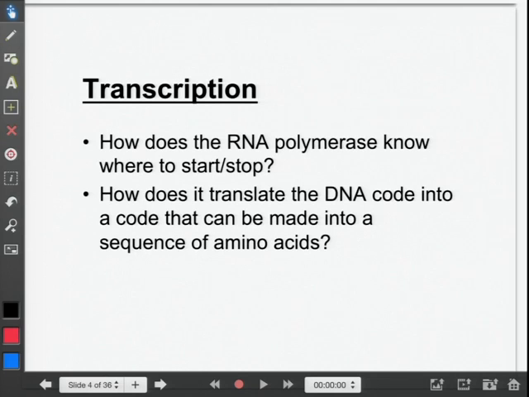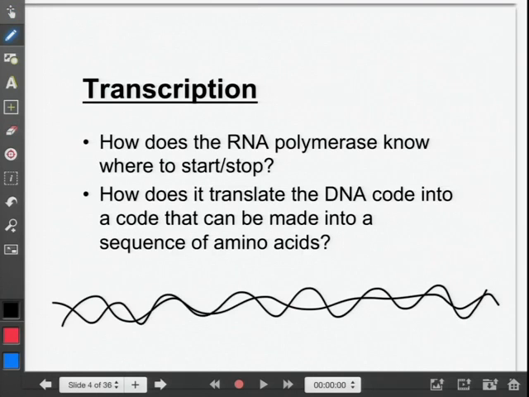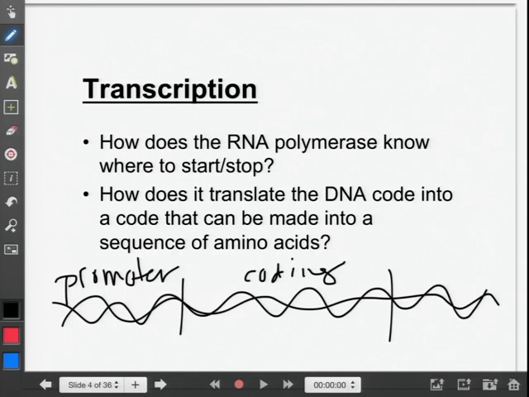So how does it know where to start? That's all about sequences, double-stranded DNA sequences in the promoter region. So when we saw our little picture in the drawing, they sort of set it up as the promoter, the coding, and then the termination sequence. The promoter is just sequences in double-stranded DNA.